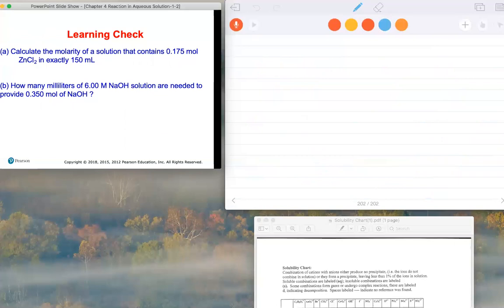Okay. If you look at problem B here, how many milliliters of 6.00 molar NaOH solution are needed to provide 0.350 moles? You see three significant figures. This is a dilution problem. M1 V1 equals M2 V2. And that means I'm looking for V1.